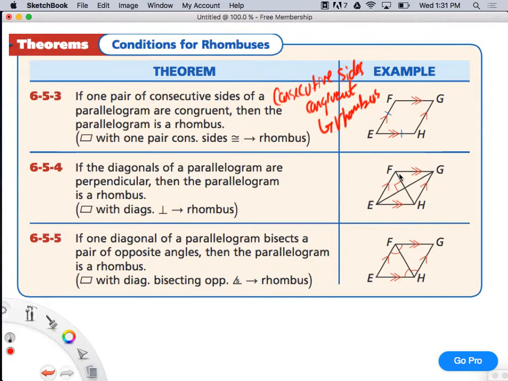Those arrows are saying that FG and EH are parallel, and EF and GH are parallel. Okay, so these blue lines show that EH is congruent to EF. These single arrows say that EF is congruent to HG. The double arrows say that FG is parallel to EH.